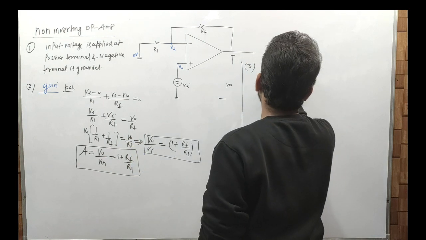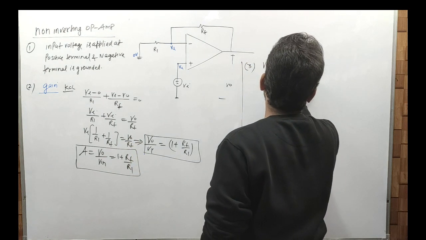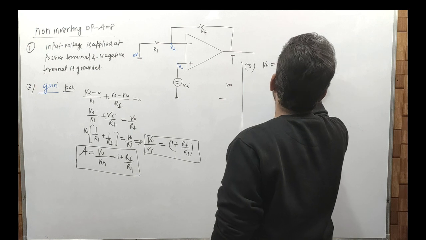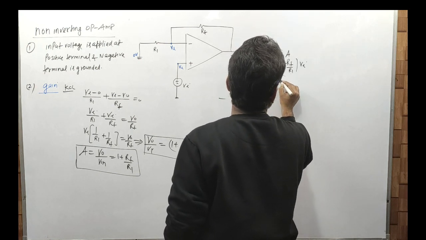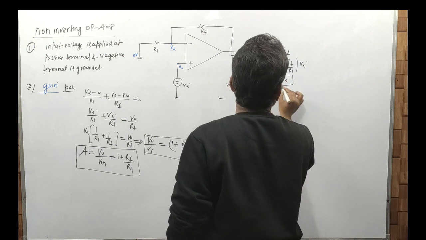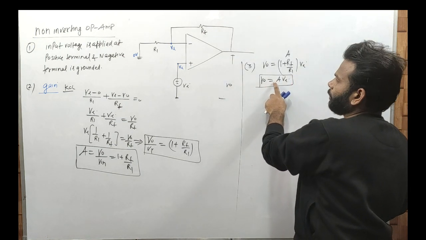Now in the third point, V0 equals 1 plus RF upon R1 times Vi. So if you treat it as A, then V0 equals A Vi. Is it okay? So here the output voltage is positive.